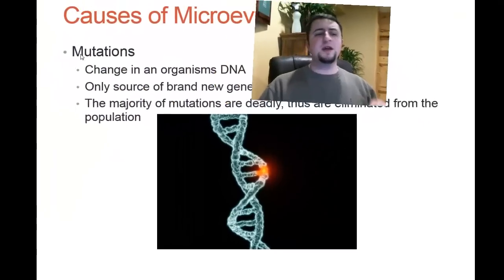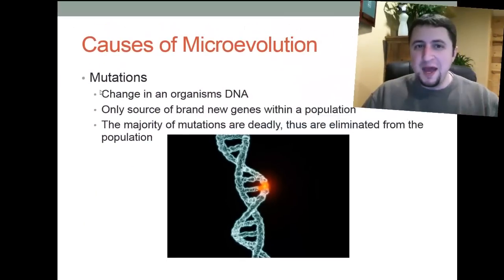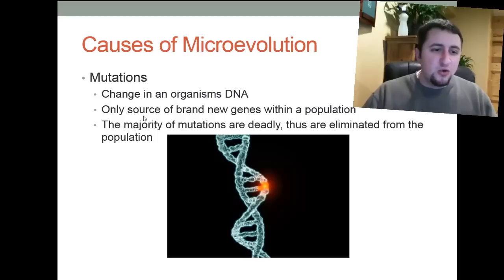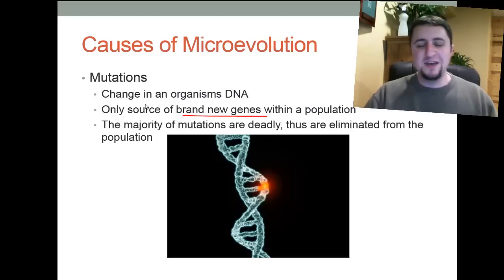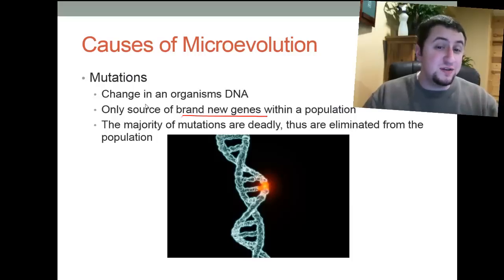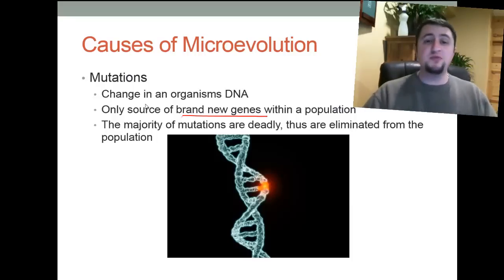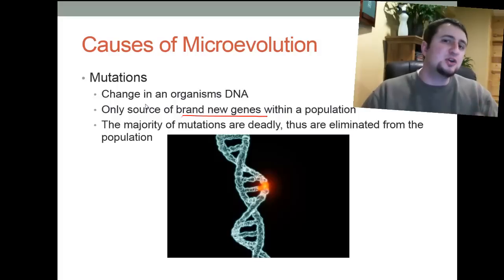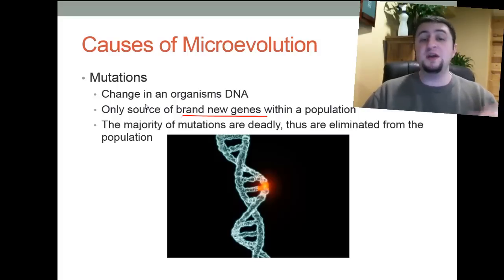Next, here we are talking about mutations. Mutations are awesome. It really is the only way that we can have brand new genes show up within a population. Think about it like this. Random mutations allow for new traits and new things to show up within a population. So it actually is possible that someday a woman could give birth to a glowing baby.